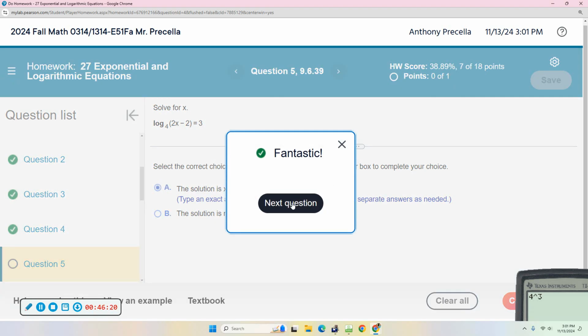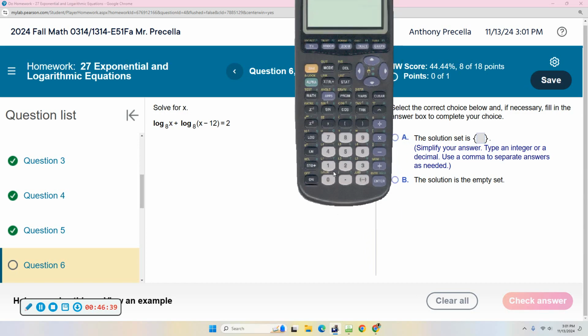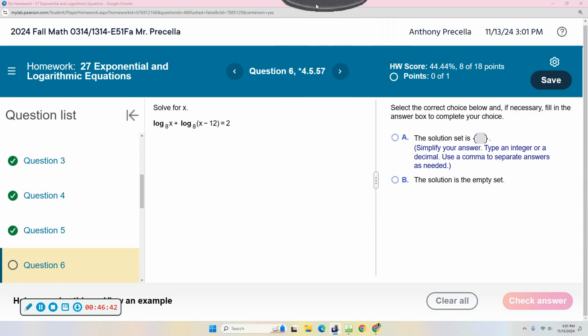Okay. Next question. You need the equation in the form single logarithm equals a number. So let's look at the next one. Number 6. Log base 8 of x plus log base 8 of x minus 12 is equal to 2.